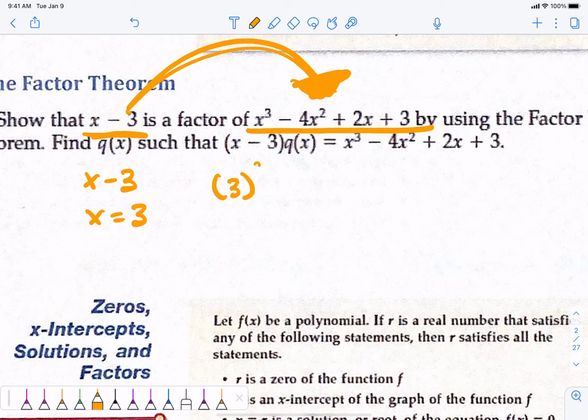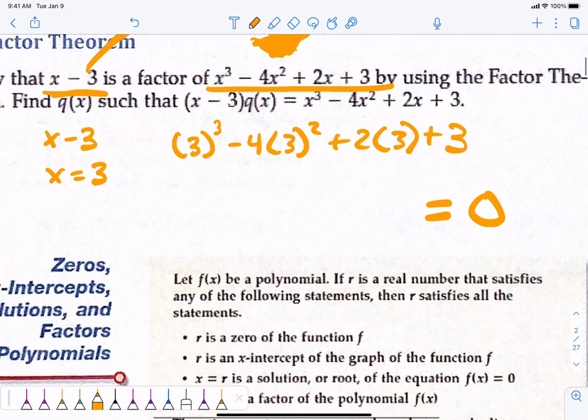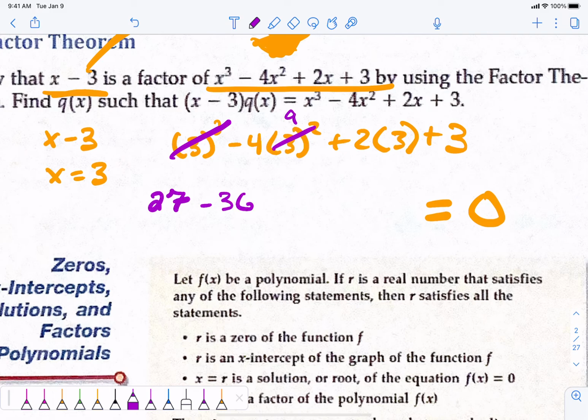Okay, 3 to the third power minus 4 times 3 squared plus 2 times 3 plus 3. What's that have to come out to be? If that's a factor of it, that means my remainder is 0. Let's check to see if it does. 3 to the third power is 27. 3 squared is 9 times 4 is minus 36 plus 6 plus 3.